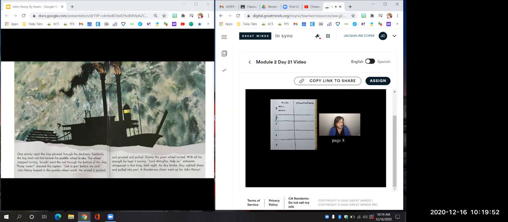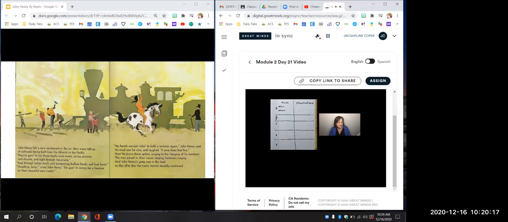He seized it, pushed and grunted and pulled. Slowly, the giant wheel turned. With all of his strength, he kept it turning. "Lord Almighty, help us," someone whispered in that long, dark night. As day broke, they sighted shore and pulled into port. A thunderous cheer went up for John Henry.